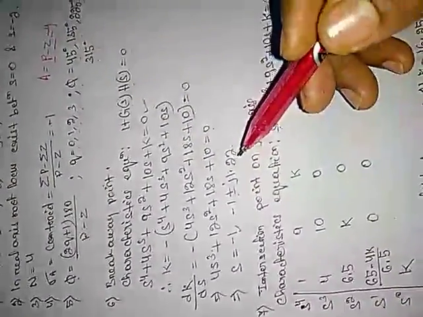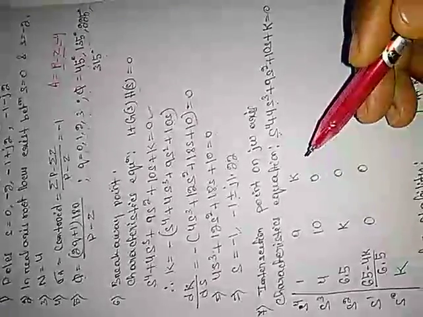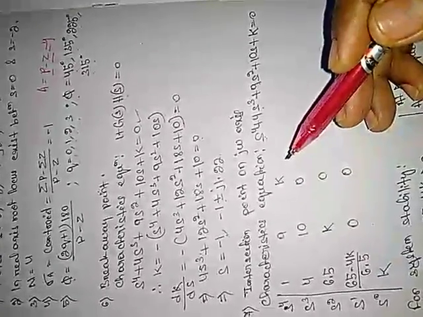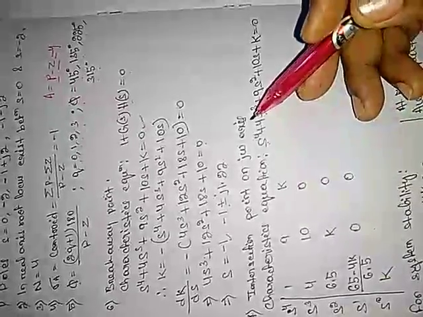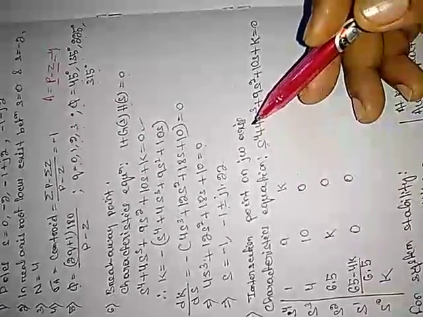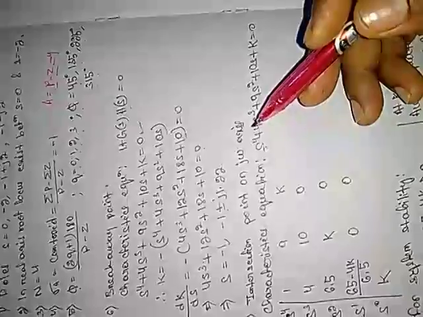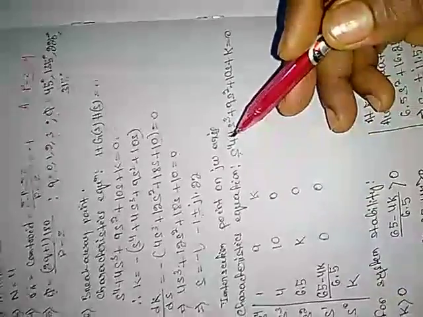Then come to the next step, that is the intersection point on the j omega axis. For that one you solve the Routh stability criteria.